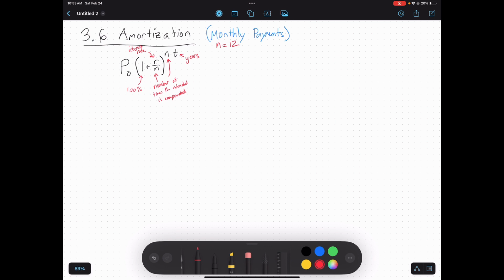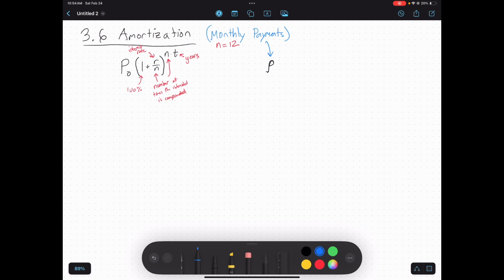Usually when you take out a loan, you have a payment plan of how you're actually going to pay for it. So that's the other part of this formula. There's another side to this. So we're going to introduce this variable lowercase p, which is going to represent my monthly payment.